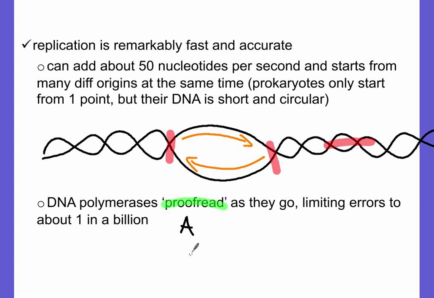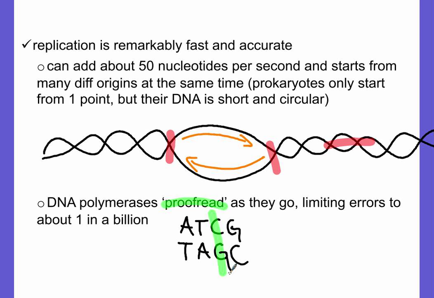So you've got this little strand going here, and every once in a while, you'll have an error in there. So you put a C with a C instead of a G with that C. But polymerase will proofread that. It'll see this error, it'll fix it, and replace that C with a G. And only 1 in a billion times does it not see it, does it not fix it.